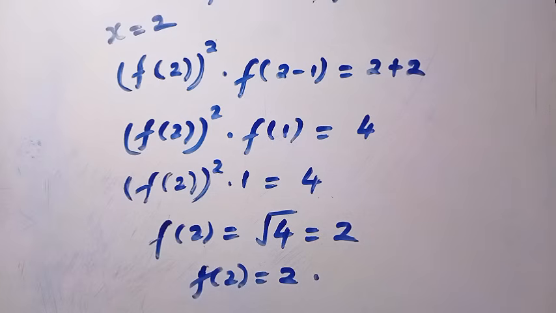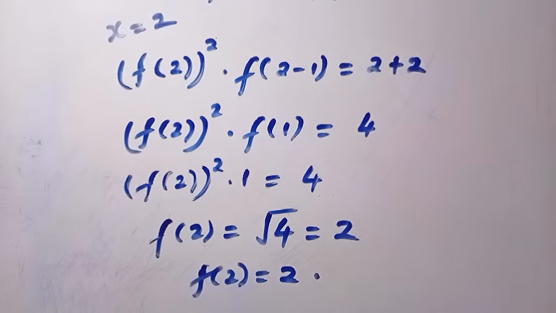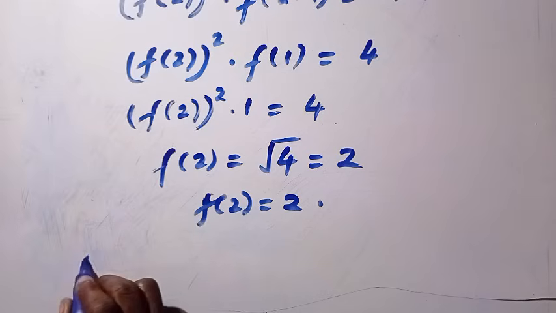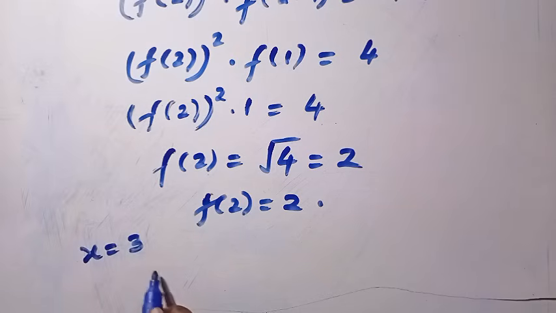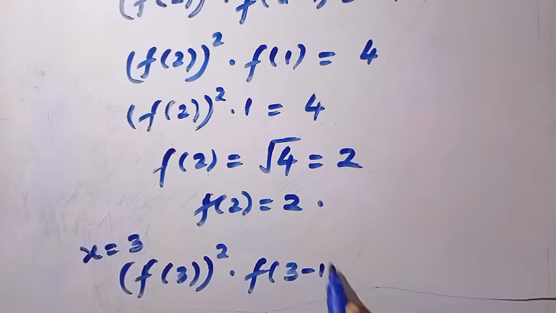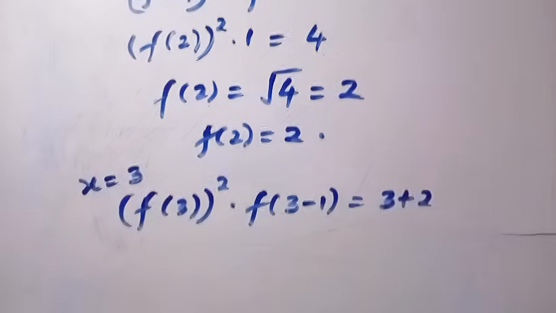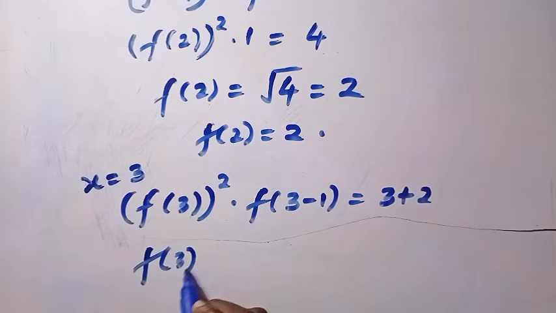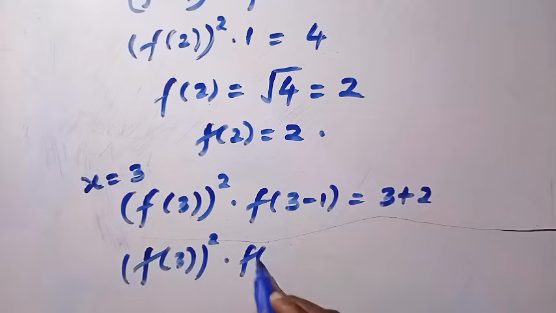To explore more of this, suppose I write this as f of 3 to show how this is cascaded. If x equals 3, anywhere we see x, we change it to 3, and this is f of 3 raised to the power of 2 multiplied by f of 3 minus 1 equals 3 plus 2. So f of 3 raised to the power of 2 multiplied by f of 2 equals 5.